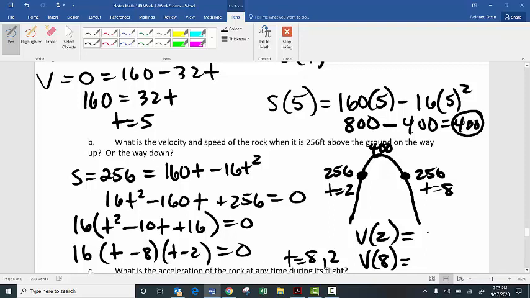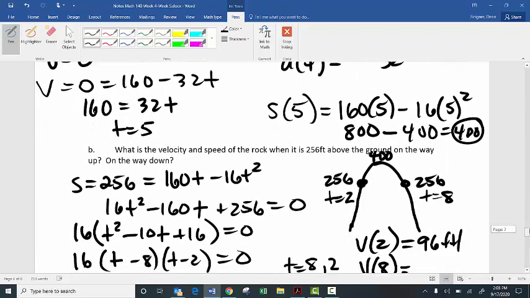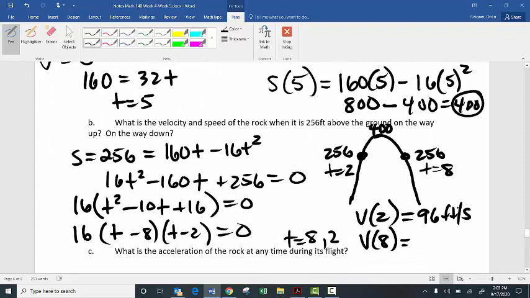You get 96. And this will be feet per second, let's look up above. Yeah, per second. So that gives you a positive velocity, right? On the way down, the velocity will be negative because it's going a different direction.